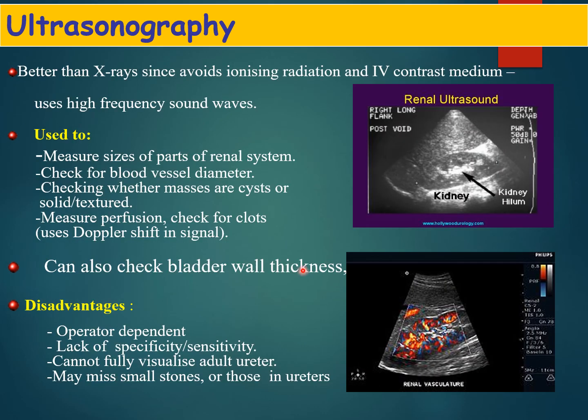Now to the ultrasound, it is very precious, better than X-ray, since it avoids ionization and IV contrast, but it depends largely on the ultrasonographer. It shows the cystic and solid swellings. It shows the cortex, the differentiation between the cortex and the medulla, the cortex being functioning, not functioning, thinning, or whether there is a stone.